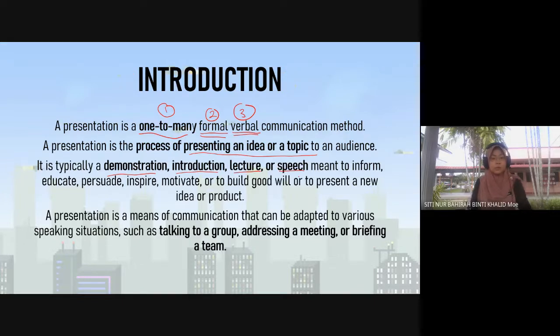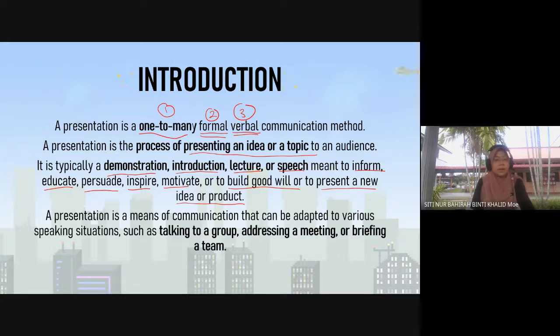These are some examples that is meant to inform, untuk menyampaikan atau memaklumkan sesuatu, to educate, untuk mendidik, to persuade, untuk memujuk, to inspire, untuk memberi inspirasi, or to motivate or to build goodwill, or present a new idea or product. So there are many purposes in doing a presentation like we discussed in the first topic. So these are some of the purposes.